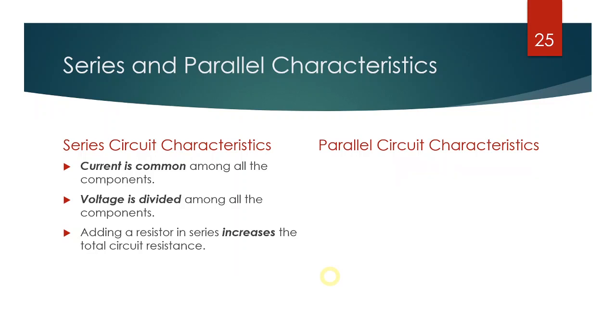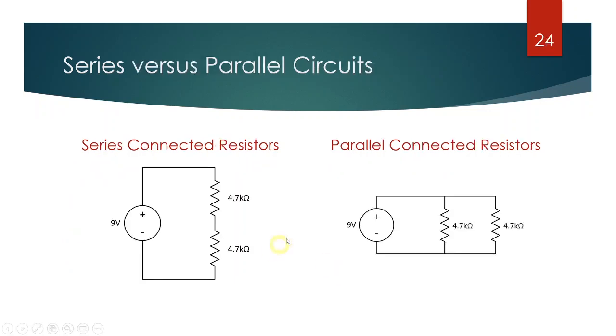So in this picture back here, with this 9-volt power supply, we're going to have 9 volts across this resistor, and 9 volts across this resistor. Conversely, over here, we have 9 volts that has to be shared across 2 resistors, and because these resistors are of the same size, we're going to have 4.5 volts across this resistor, and 4.5 volts across that resistor.